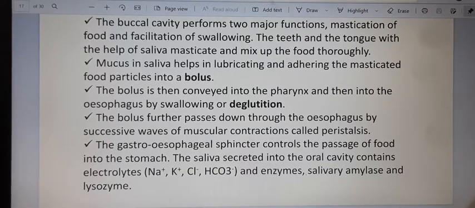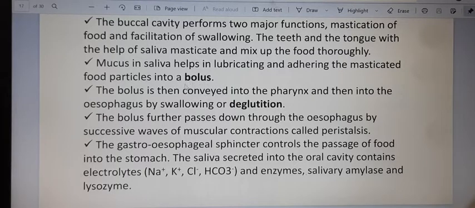Then the bolus is conveyed into the pharynx, and then into the esophagus by swallowing or deglutition. So deglutition is a definition which is there in your syllabus, and the bolus definition is also there in your syllabus.